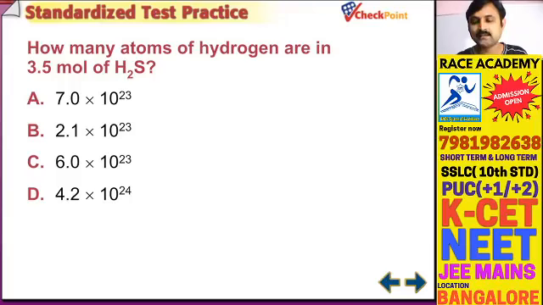If you take that, then you will get 42.14 into 10 power 23. So that can be written as 4.2 into 10 power of 24.